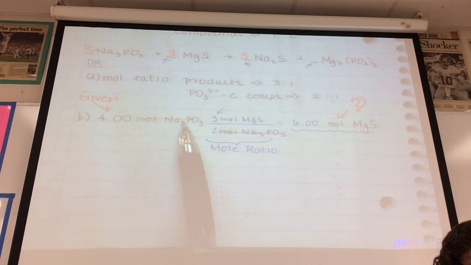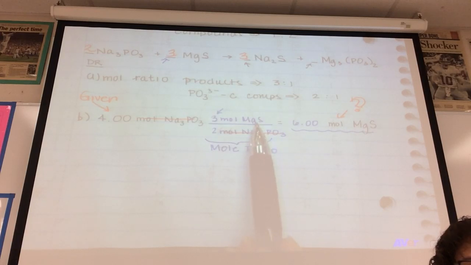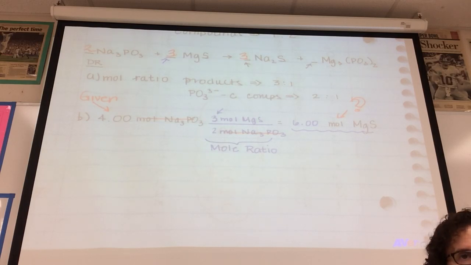Whatever you start with goes here. Whatever substance you want to get to will go here. If you're given moles, the mole ratio will always be your first step. You want to try the next one, or you want to do it together?